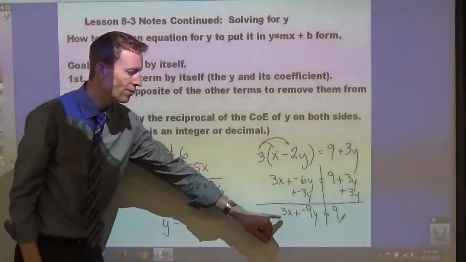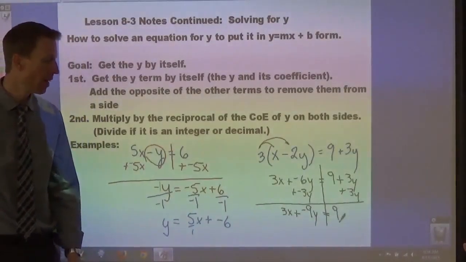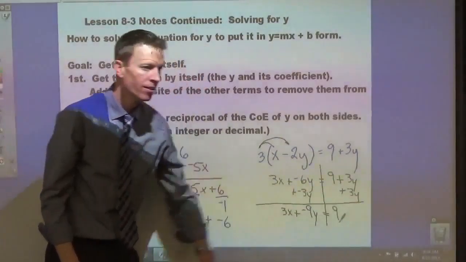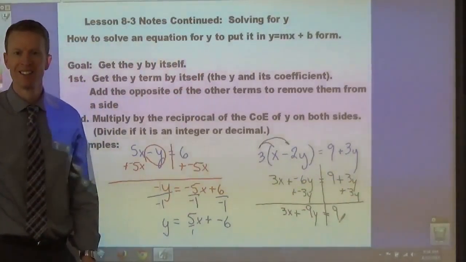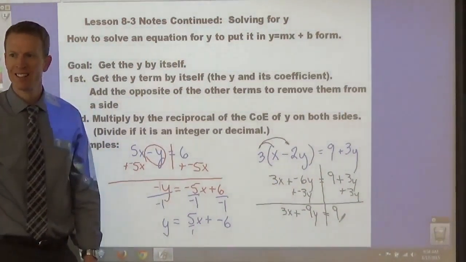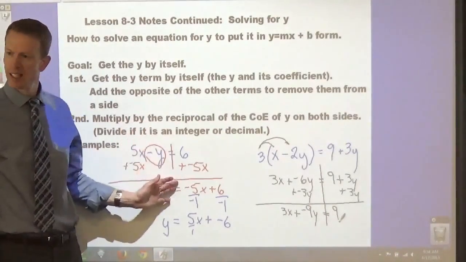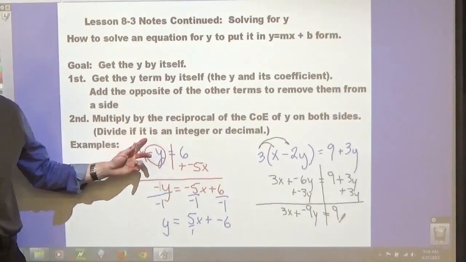You have to get the y term by itself, right? 3y plus negative 3y. That's what it is. Then what? We're right back to these steps. Get the y term by itself.